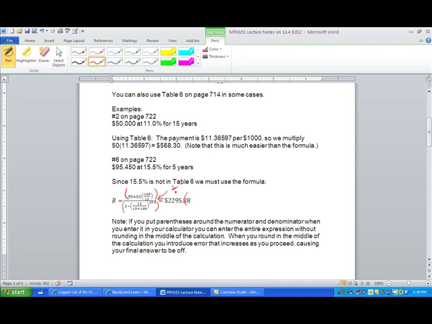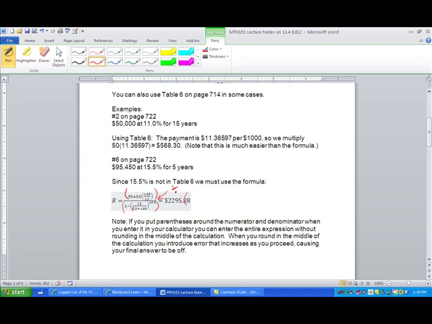So you want to make sure that you put parentheses around the numerator. That means it'll compute the numerator, it'll compute the denominator, and then it will divide the two. So that's very important. Notice here you do have an exponent, so you're going to need parentheses around this.